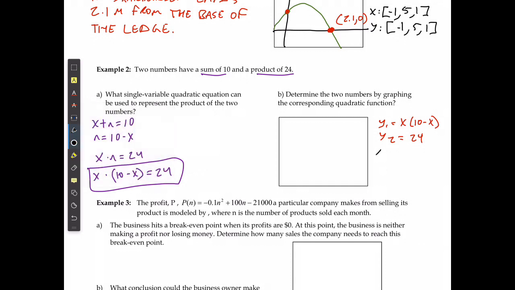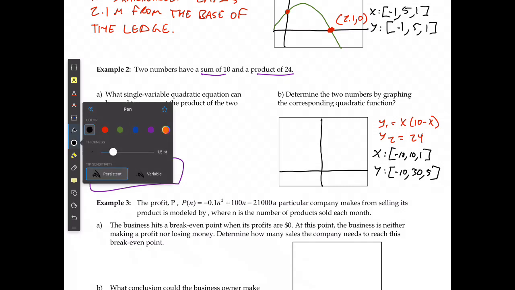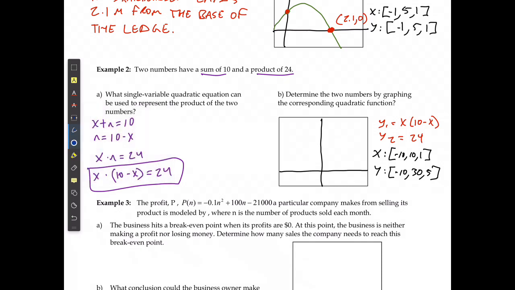I'm going to say that x is going to be negative 10, positive 10, and 1. And y is negative 10, positive 30, and 5. And then, when I'm graphing this out, I'm going to get something that looks like this.